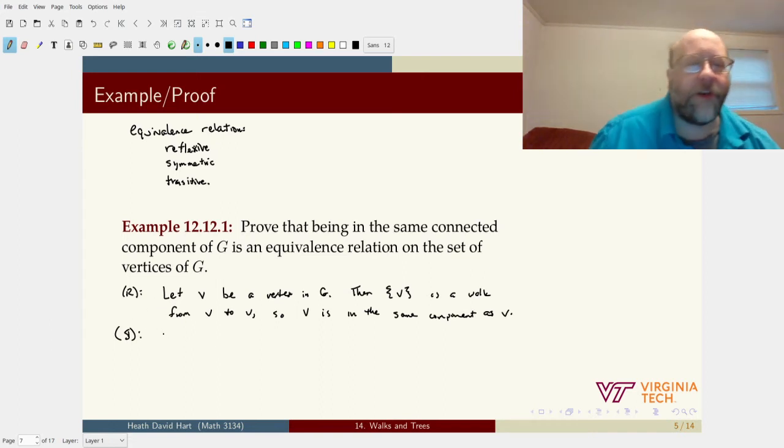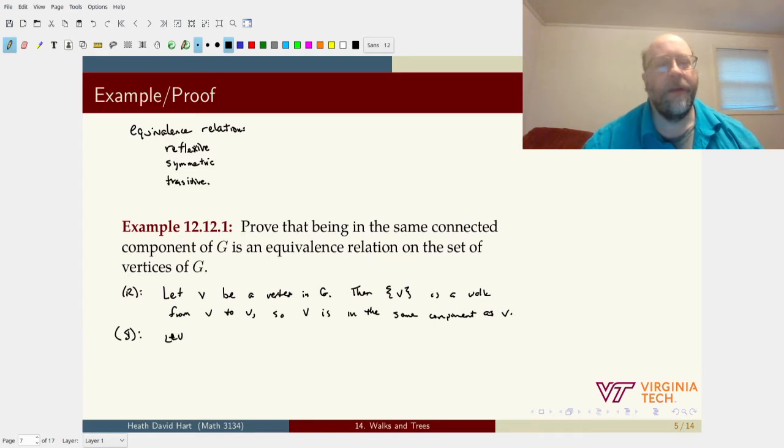So symmetric would be a little bit more interesting. Let V and W be vertices in G. And we're going to assume that V and W are in the same connected component.